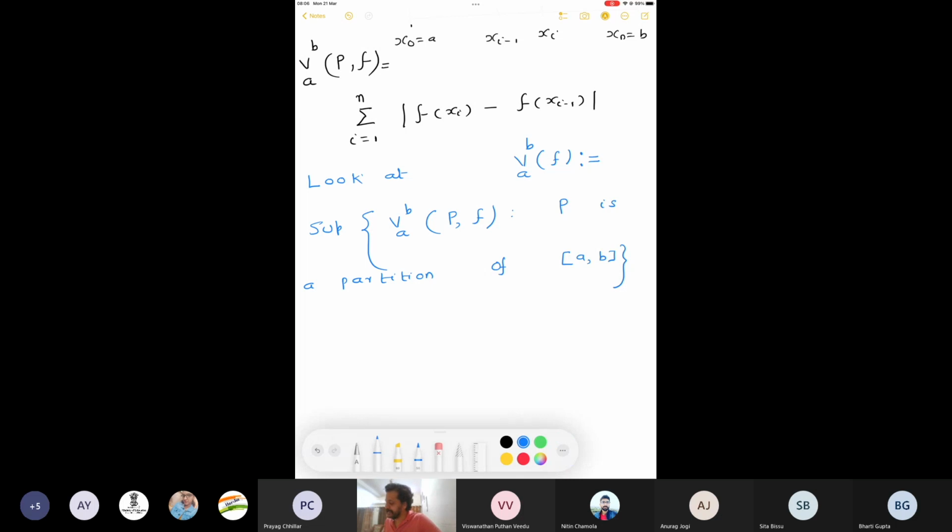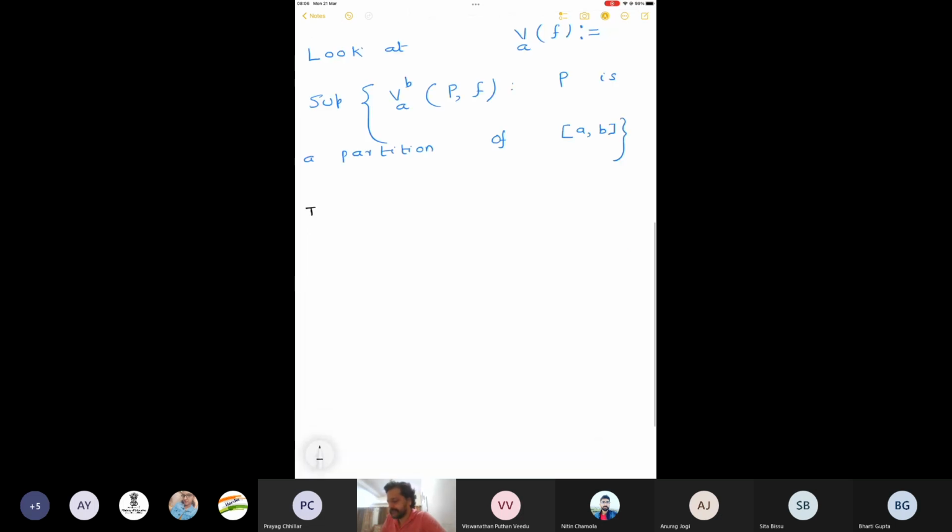In case it is finite, if the total variation of f over AB is finite, then we declare that f is of bounded variation. That's the definition. To put it in simple terms, a function is of bounded variation over AB if the total variation is finite.